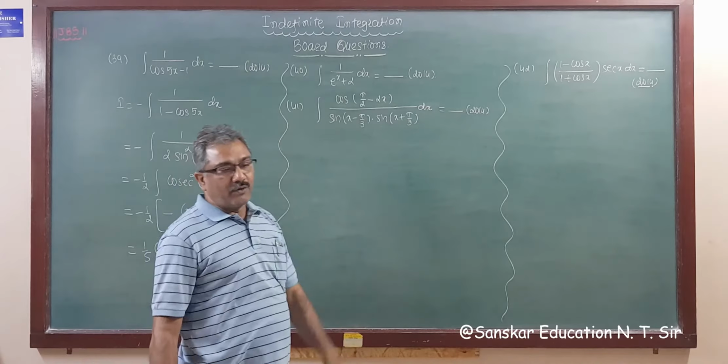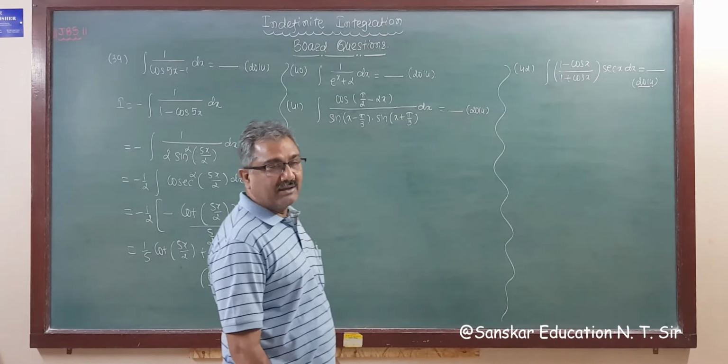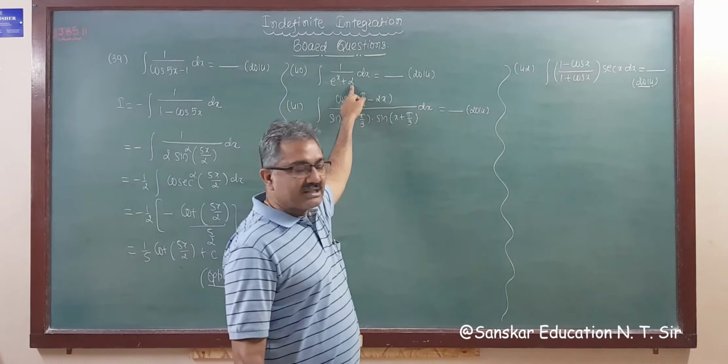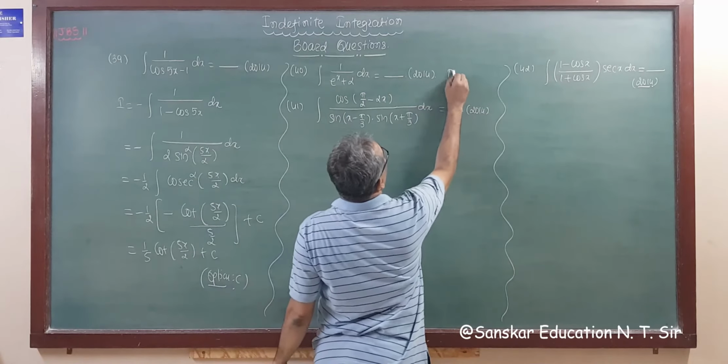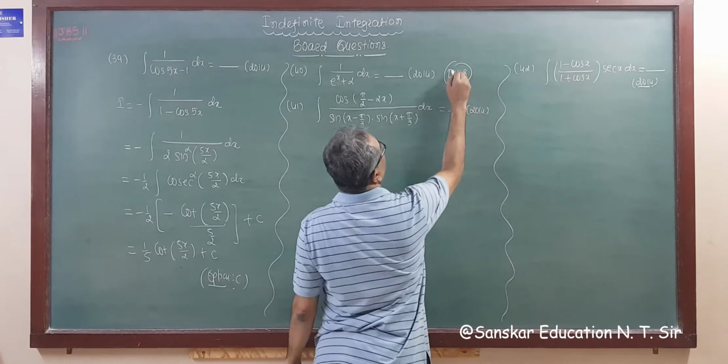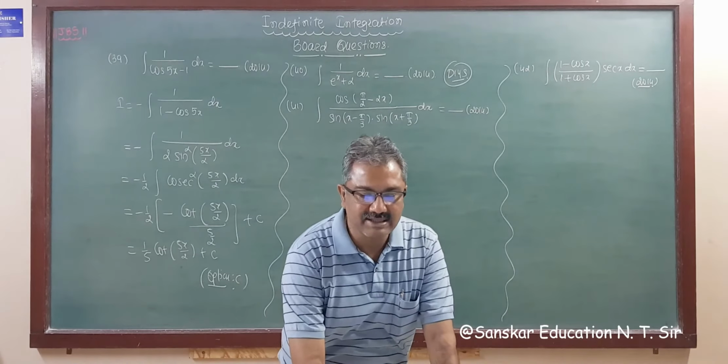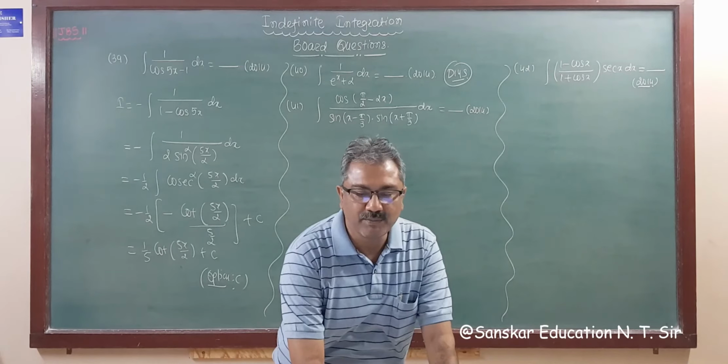Now question number 40. We did this type of question earlier. Instead of 2 there is 1, so you have to do it yourself. Let us check the question number.